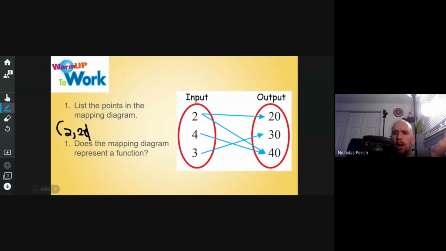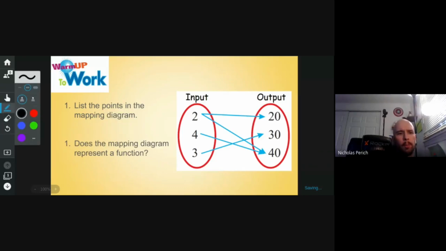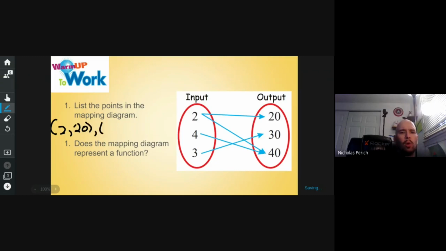What else do I have? I have 2 going to 40, so I have (2, 40). That's a point. Let me just rewrite them again. That looks so bad. I have (2, 20) and I have (2, 40). Much better.